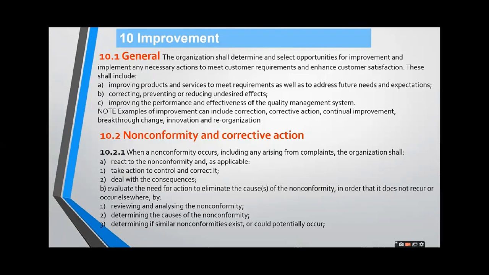Okay, clause number 10.1 is the general clause of continuous improvement, where it emphasizes the importance of continuously seeking and implementing improvements in your quality management system.